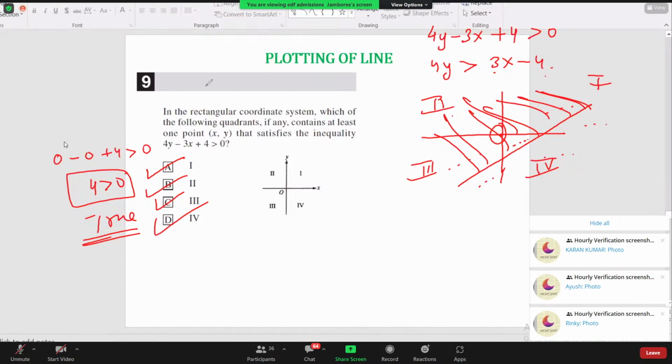Does that make sense to everyone? Guys, clear about the concept?